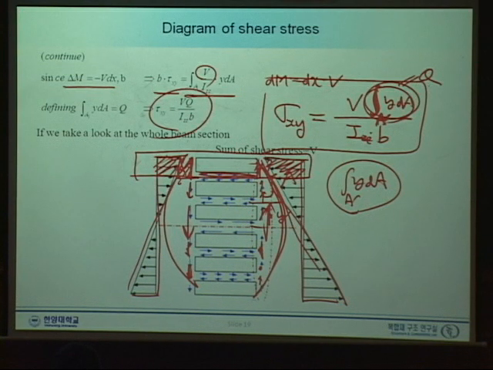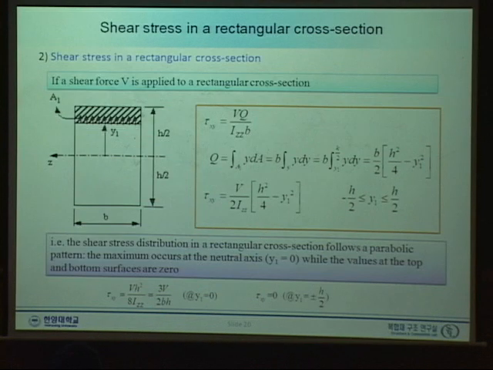And this is the VQ over Ib. In a rectangular cross section, Q is simply defined like that. You know, y dA is simply y times b.